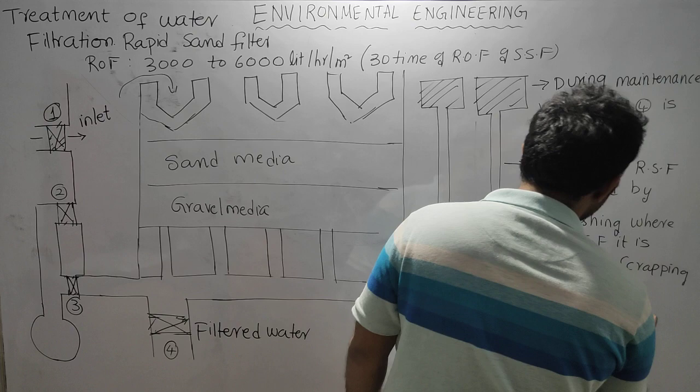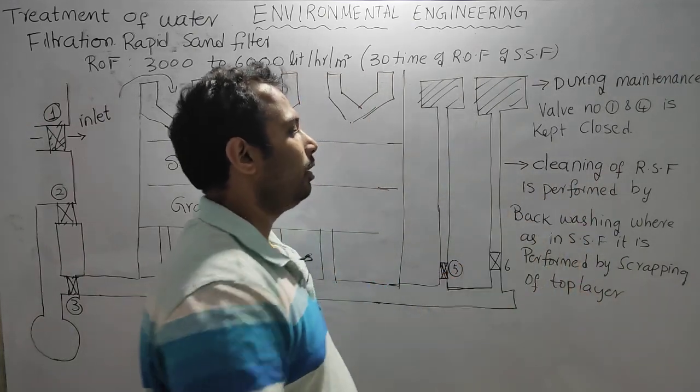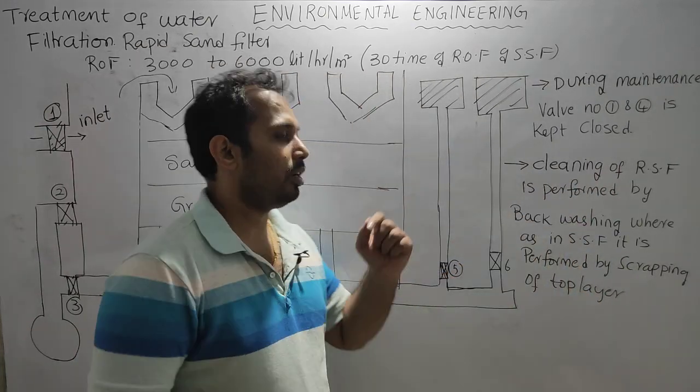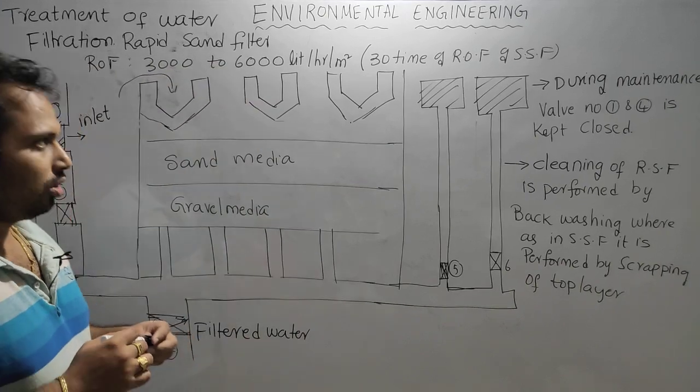So in slow sand filter, we scrape the top layer, but in rapid sand filter, we do backwashing.